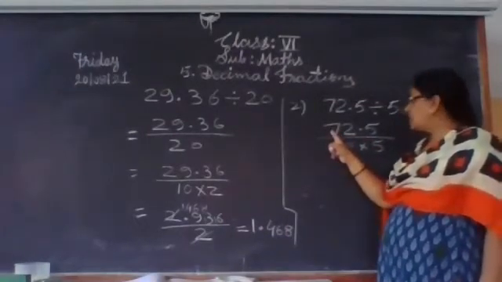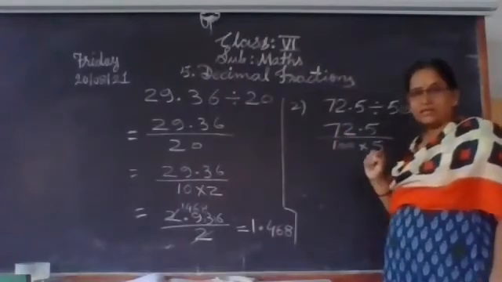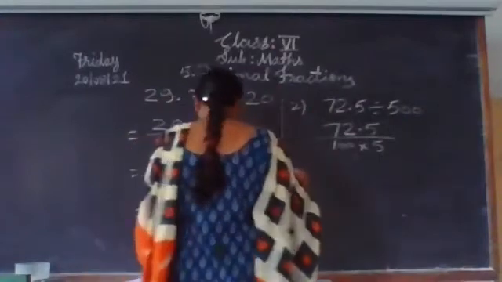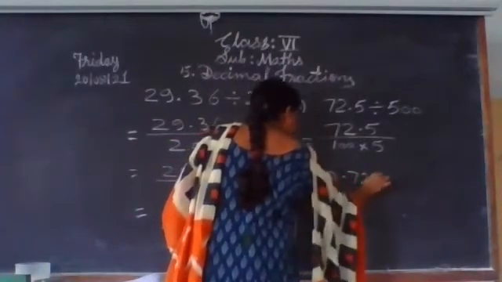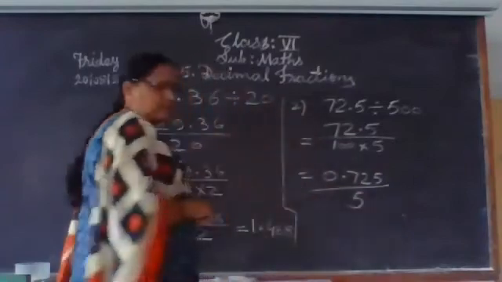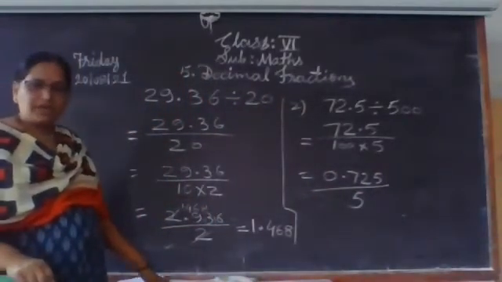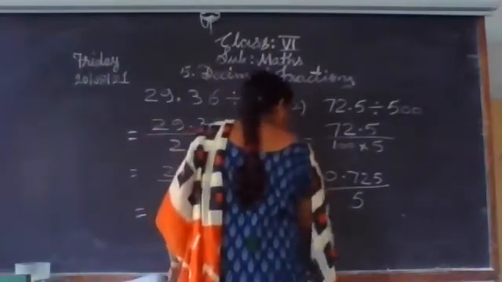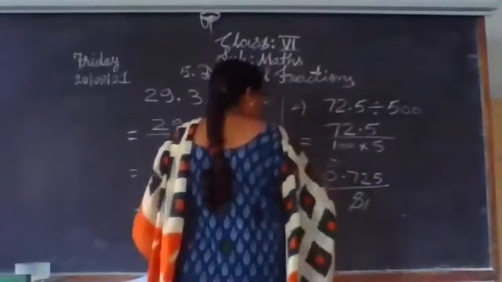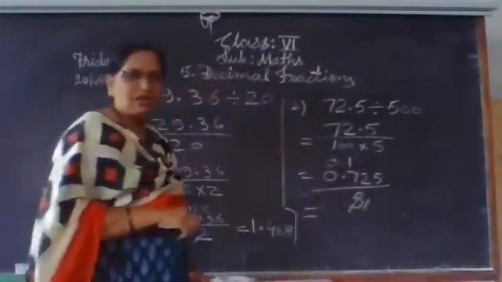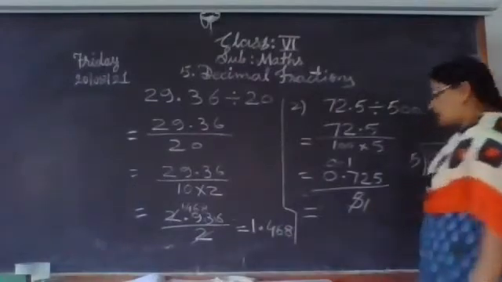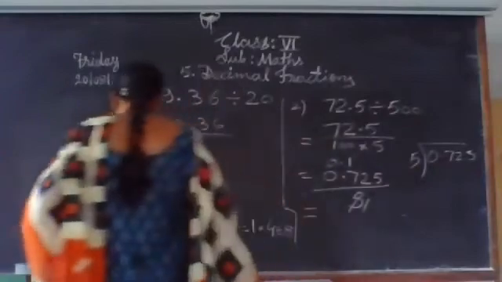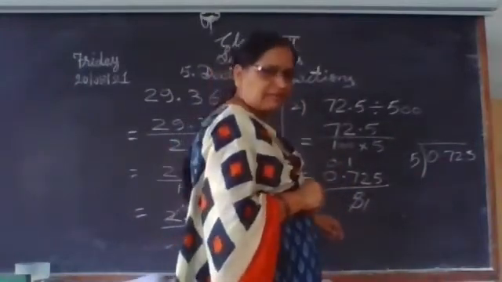So the decimal point is before the 7. Okay, now divide it by 5. 5 ones are 5, 5 twos are 10. 0 point. 5 ones are 5. 7 minus 5, or you can divide orally. 5 ones are 5. 7 minus 5, 2.